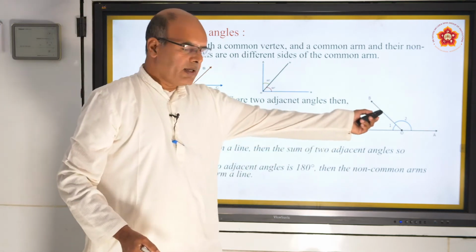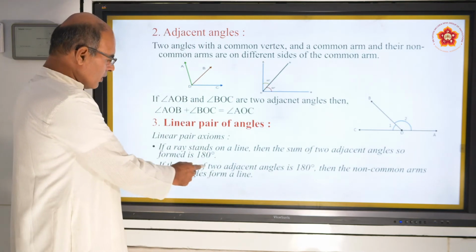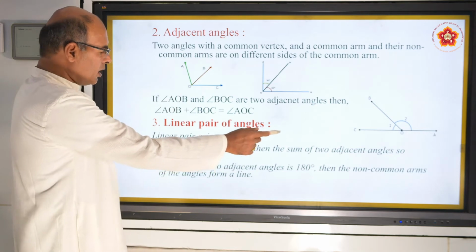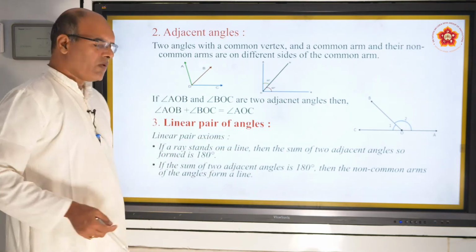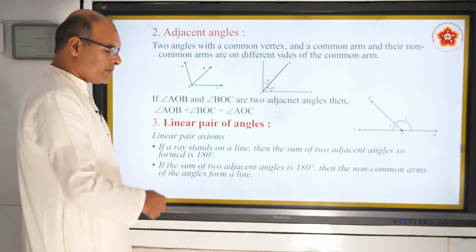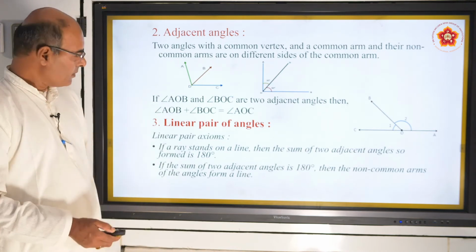These are called linear pair angles. Its converse: if the sum of two adjacent angles is 180 degrees, then the non-common arms of the angles form a straight line. These two axioms together are called the linear pair axioms.